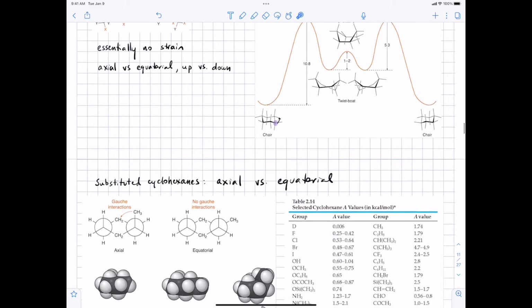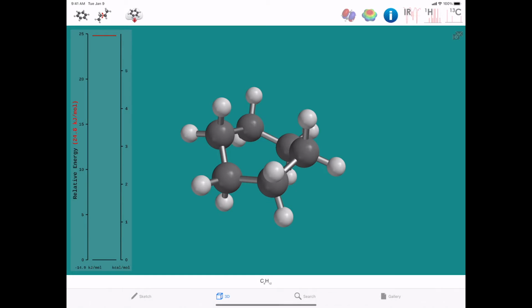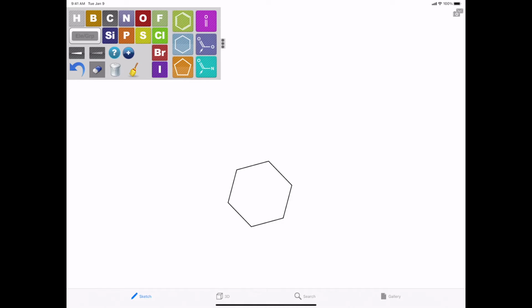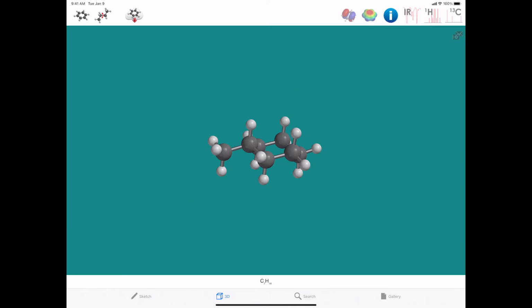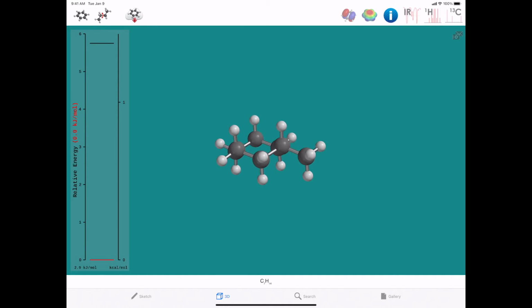Let's talk substituted cyclohexanes. I've got some tables here, but we may be able to see some data on Spartan. So let's just put a methyl group here. Ah, good. Okay. So you can see here that the methyl group is at an equatorial position, right?